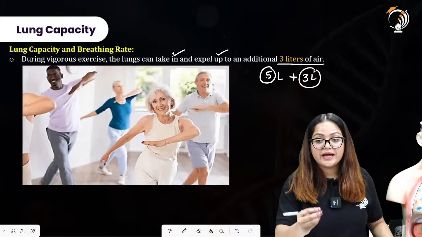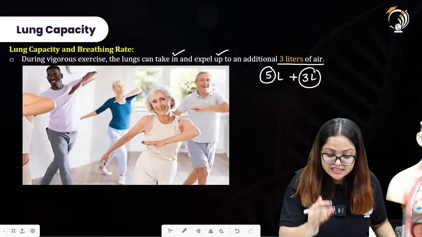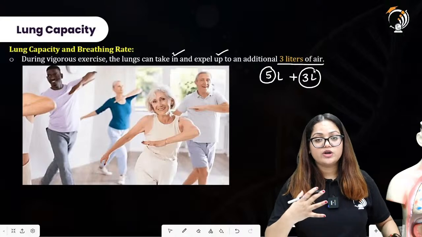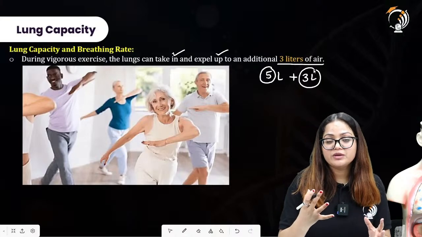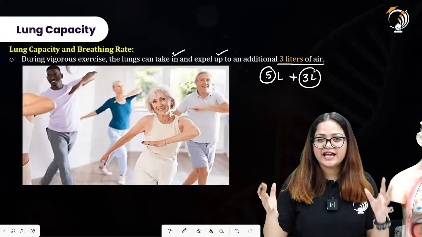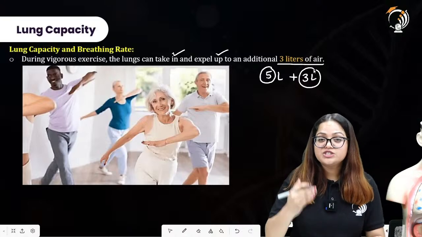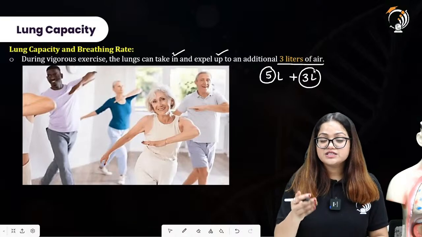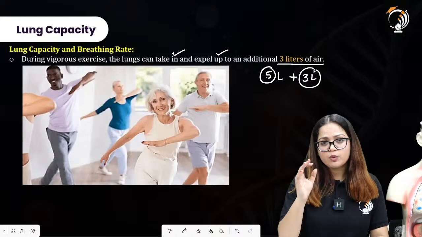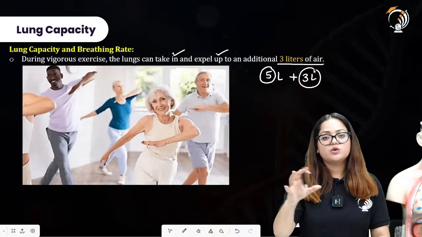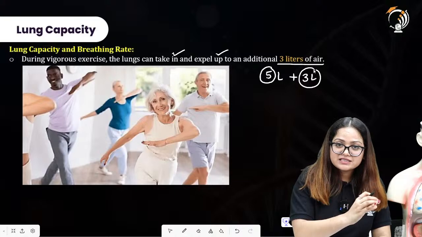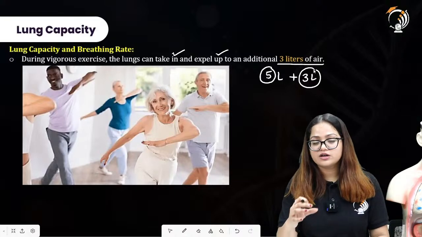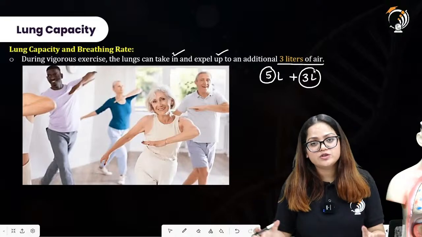Why? Can you tell why? Because when our body is performing very high physical activity, our body's oxygen demand increases. Why does oxygen demand increase? As we discussed in the first slide, aerobic respiration occurs, in which carbon dioxide and water are released, and a lot of energy is released.